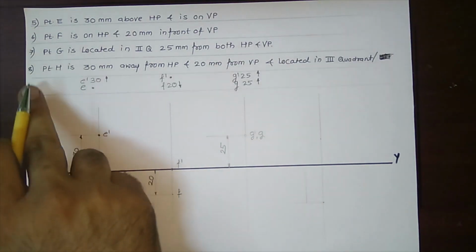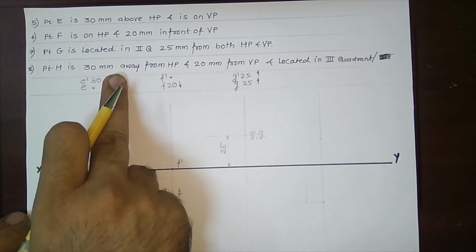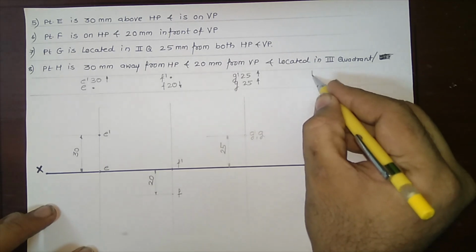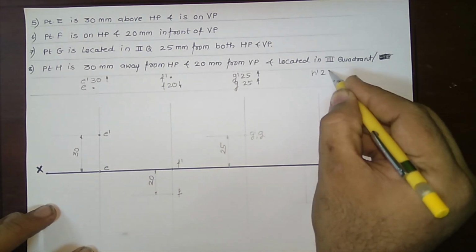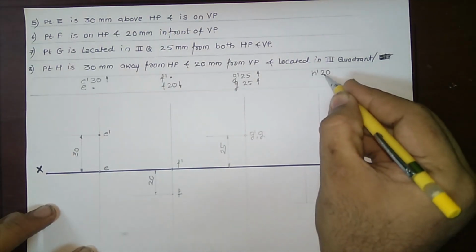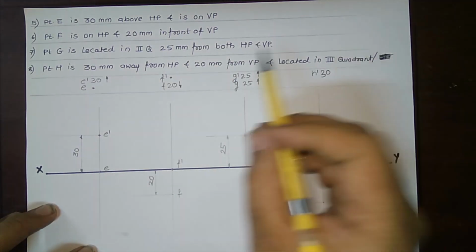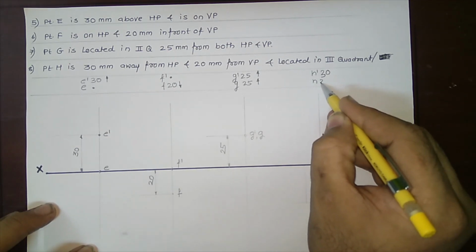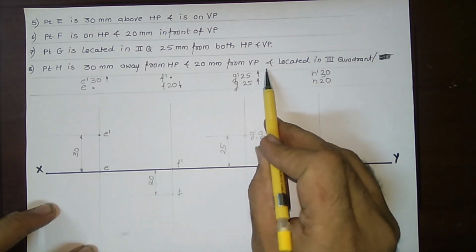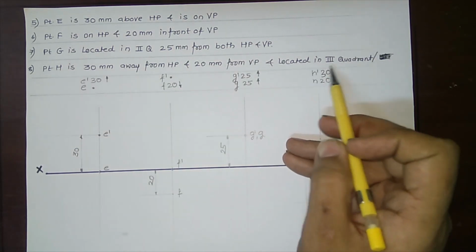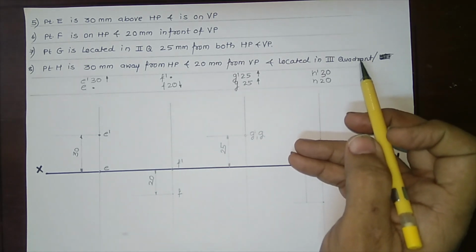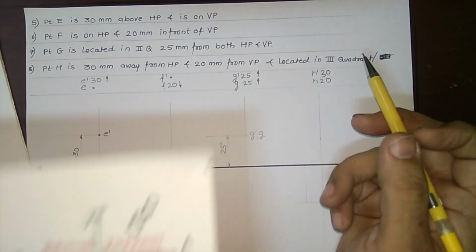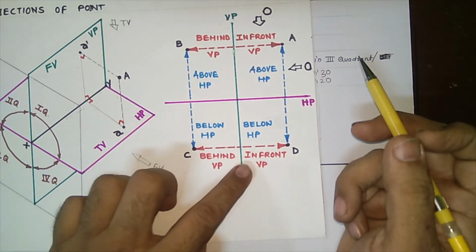Okay. Next point. Point H is 30 millimeter away from HP. So I will write here H dash 30 millimeter from HP, and 20 millimeter from VP. So I will mention H 20 millimeter. Now in the problem it is mentioned that it is located in the third quadrant. So in the third quadrant, first you must mention what will happen: below HP and behind VP.